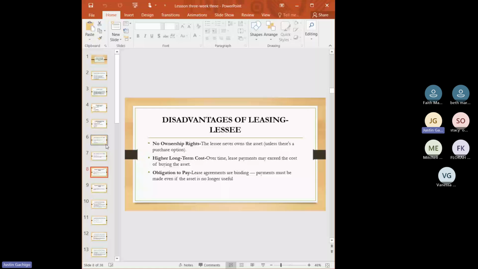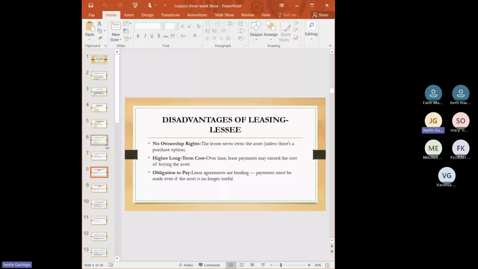Unless we have another arrangement which we are going to discuss, the lend to own arrangement. But in this case, if it's an operating lease, you don't have an option to buy at the end, then that house or that particular unit that you have leased will never be yours.